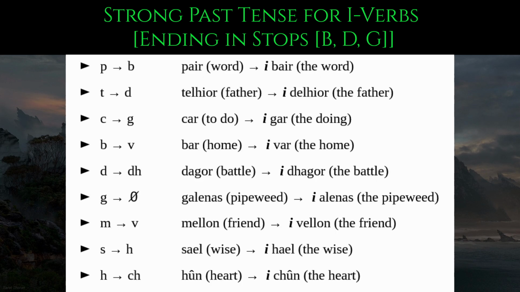Let's look at some examples. So, we have payer, which is word, becomes bayer when we have the E article in front of it, so the word. Then we have telhior becomes idelior. Car becomes igar.